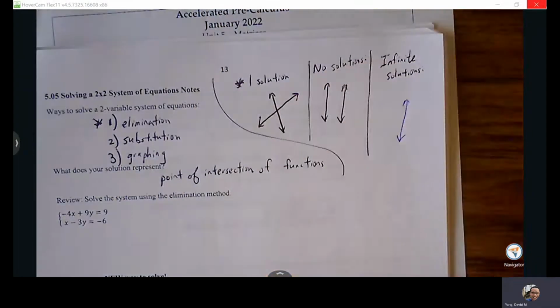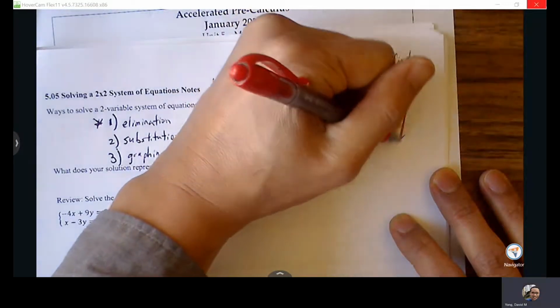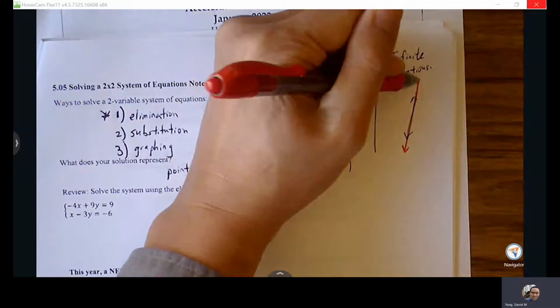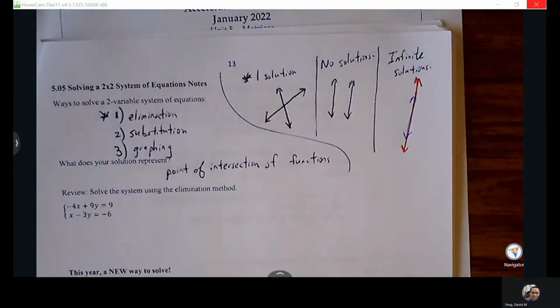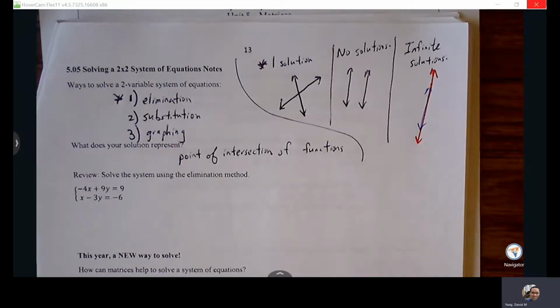So if I have two equations that are essentially the same line, they're going to meet at every point, right? That would be considered infinite solutions. Okay, so let's review using the elimination method, and then we'll talk about a new way of solving involving matrices.